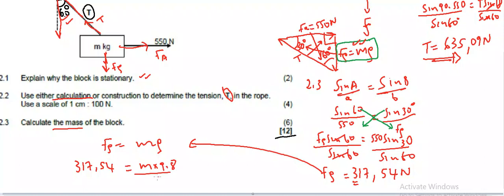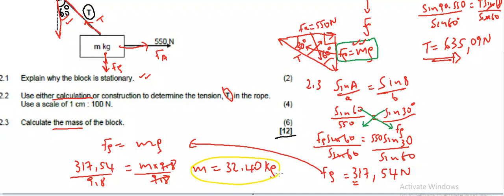Then we divide by 9.8 on both sides. This cancels that. The mass now is equal to, then we press the calculator. The mass is equal to 32.40 kg. That is the mass. So the question is now answered.